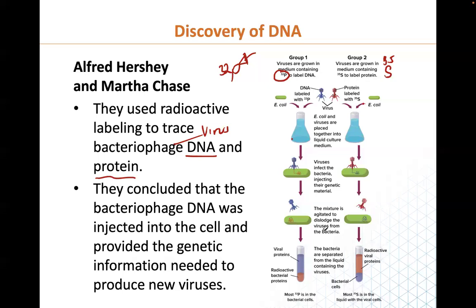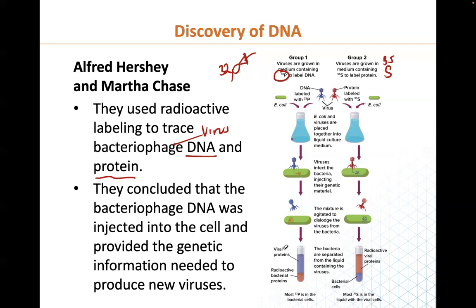bacteria. When the virus got dislodged from the bacteria, the content was collected. After the centrifugation, what was noticed is most of the 32 phosphorus was in the bacterial cell.